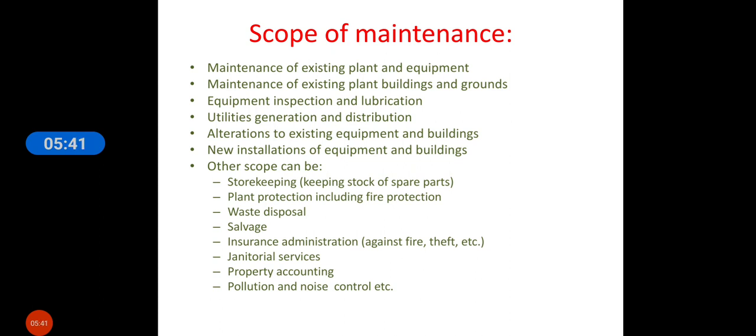And in other scope, it covers storekeeping, plant protection including fire protection, etc., waste disposal, your generator services, your property accounting, your pollution and noise control. Everywhere maintenance is playing a very important role.